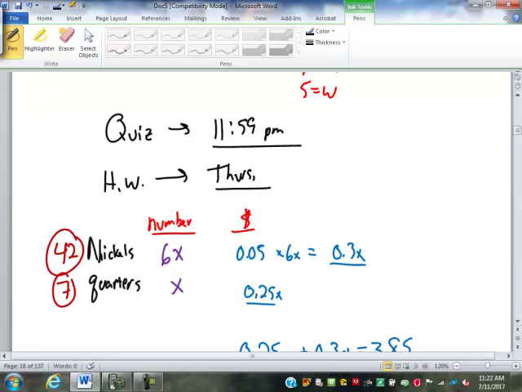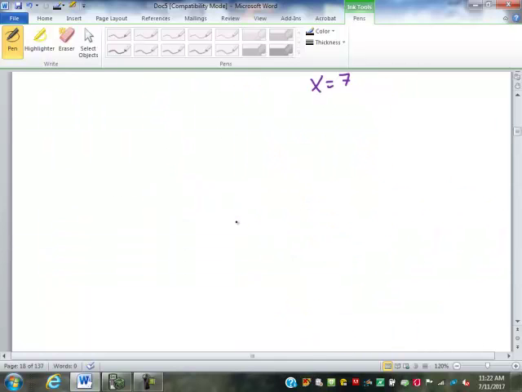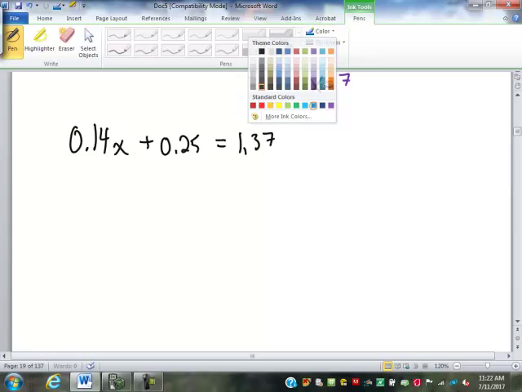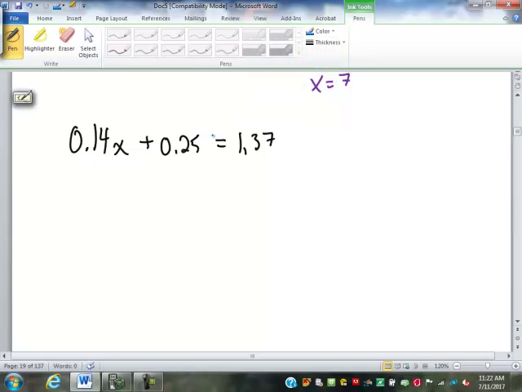Number 21 or 23 on the homework? 23, okay, let's take a peek. It says get rid of decimals by multiplying by a power of 10. That is always one option on these, kind of like how we did the common denominator to get rid of fractions. The most decimal places you have in any one of these numbers is 2, right?